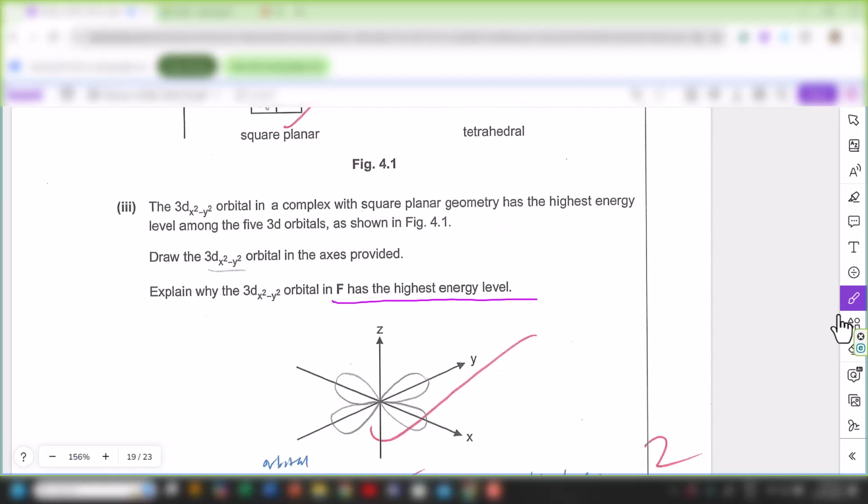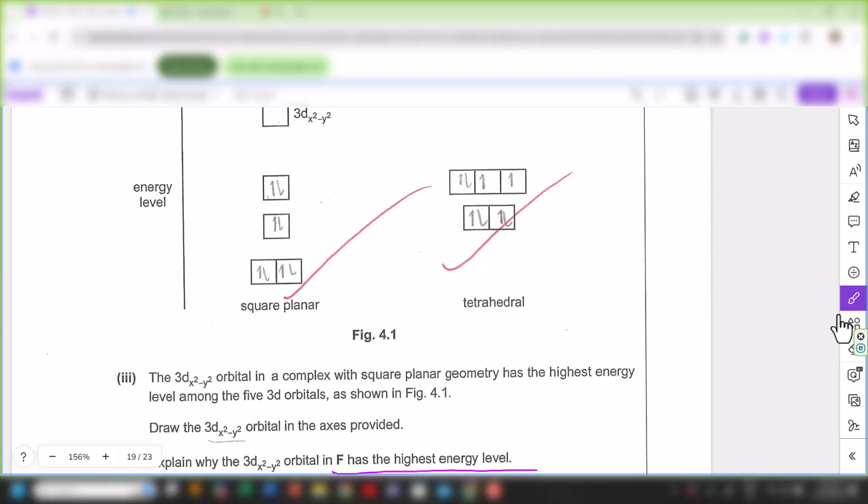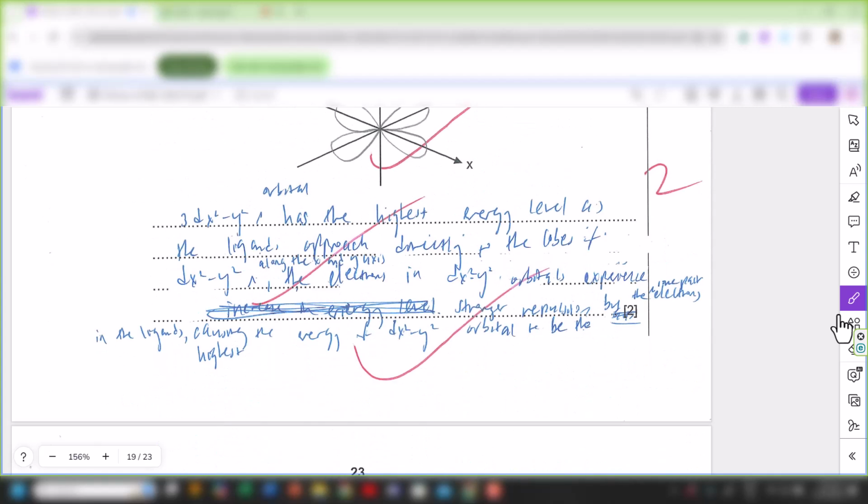It is asking you specifically why the 3D x squared minus y squared has the highest energy. So you have to highlight that in the square planar complex, the ligand approaches from the x and y axis. Yeah, you must highlight that, and not give something generic. It's only when you highlight that you will get the credit. If you give something generic, you might not get the full credit. Remember that.